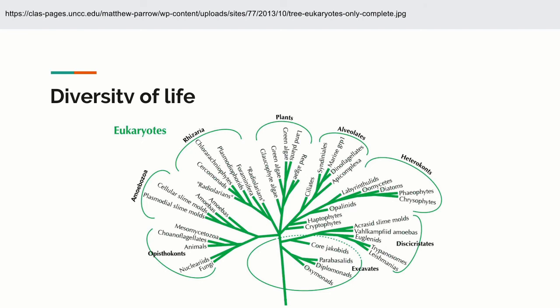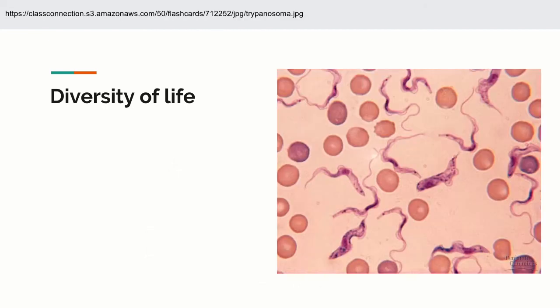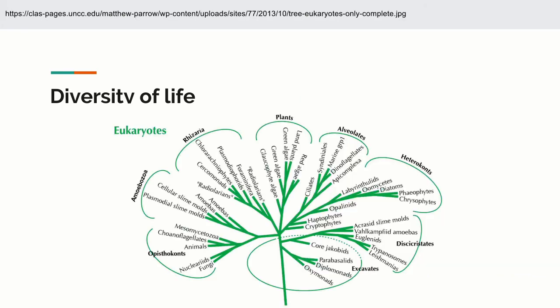Everything else tends to be big enough that we can see with our naked eyes, and we call those the eukaryotes. One of those groupings of eukaryotes we call protists, and that's just because there's a whole bunch of them. So things like here where it says Opisthokonts, those are a type of what we call protist. The amoebozoa or protozoa.